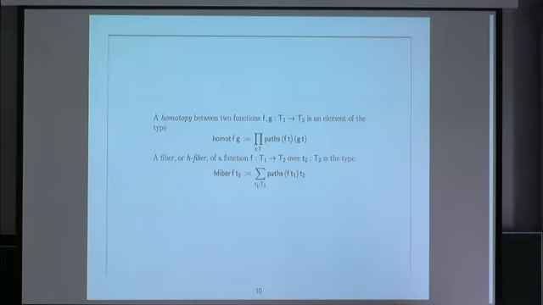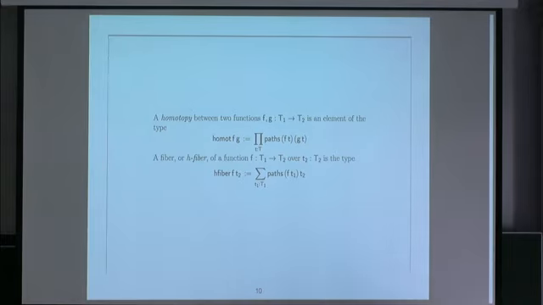So the function type is a primitive of the language, and if I have two functions, then I can define the type of homotopies between these two functions as the type of families of elements of identity types, given for all t in T, between f of t and g of t.